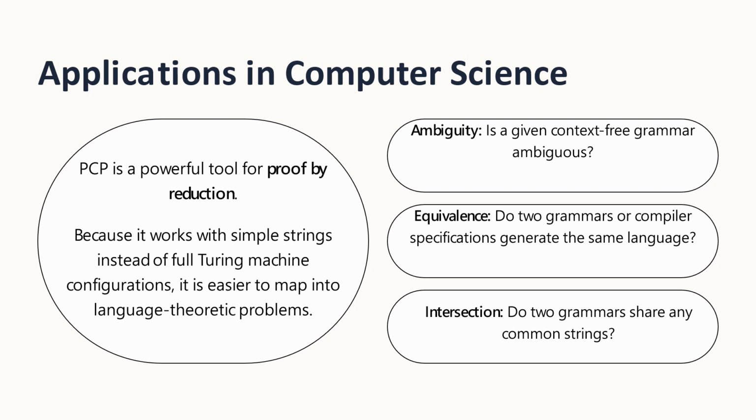For example, ambiguity of context-free grammars, equivalence of grammars or language generators, and whether two grammars have a non-empty intersection can all be linked to PCP-style reasoning. So, PCP acts as a bridge for proving the limits of computation in formal language theory.